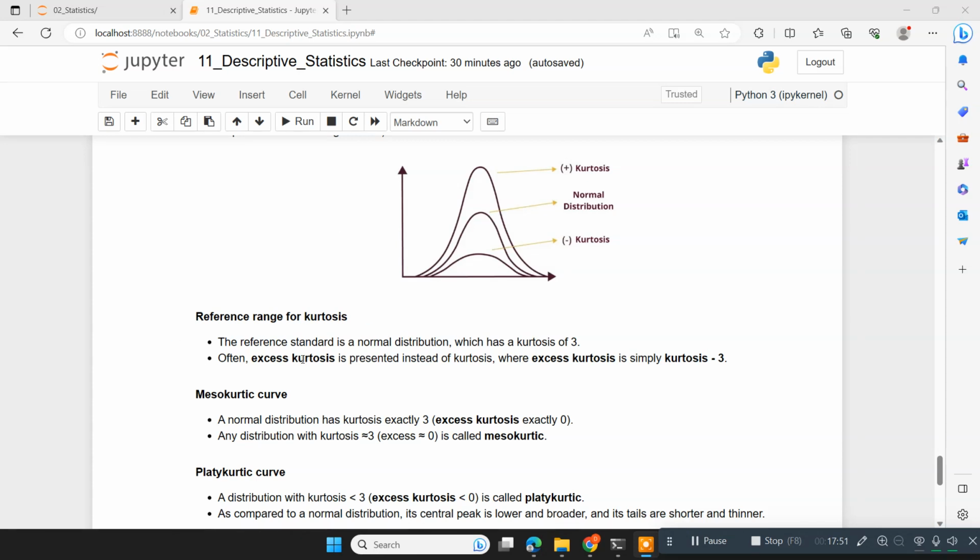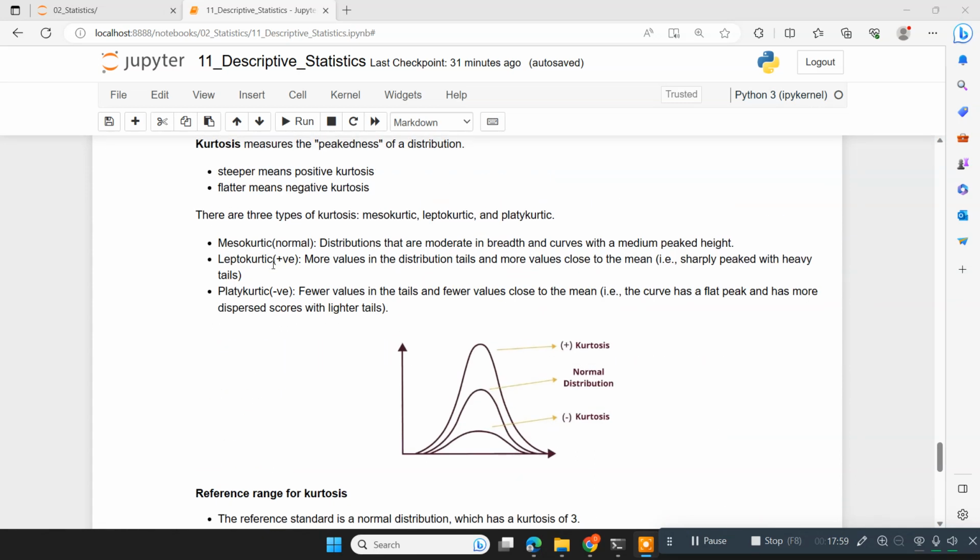If the normal distribution has the kurtosis exactly 3, that is normal. So normal is also known as mesokurtosis. Basically we can categorize into 3 types: mesokurtosis, leptokurtosis, and platykurtosis.